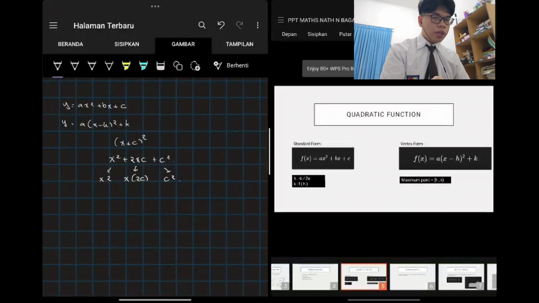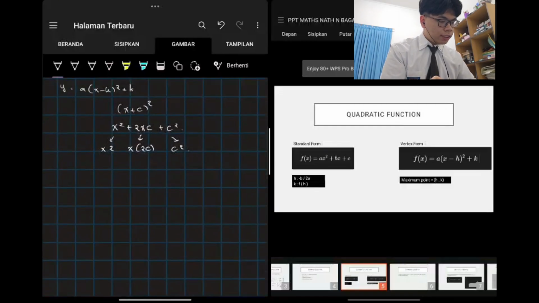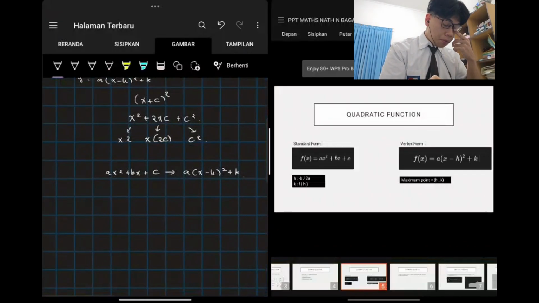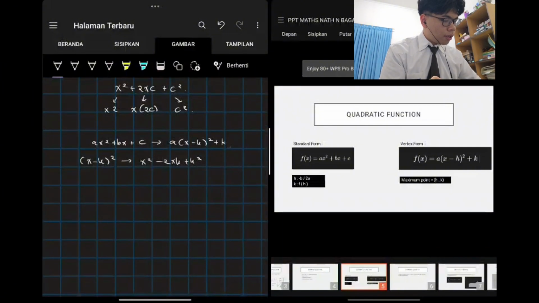Okay, so we can change one formula to the other. Say we want to change the ax squared plus bx plus c to the a times (x minus h) squared plus k. Notice that when we square x minus h, we get x squared minus 2xh plus h squared. And then we multiply all of this by a.